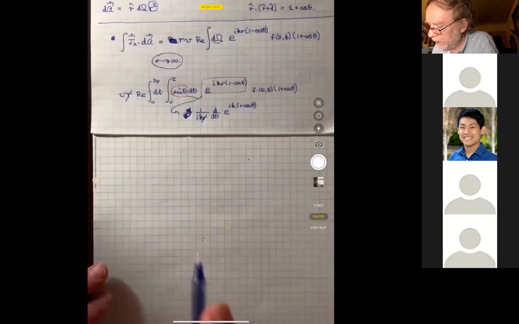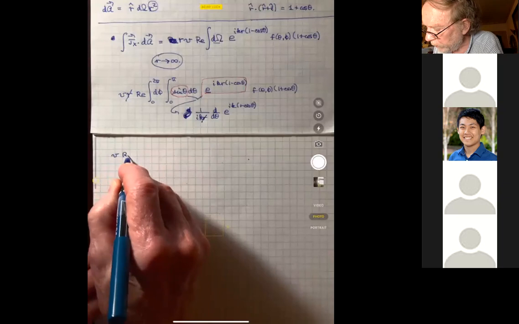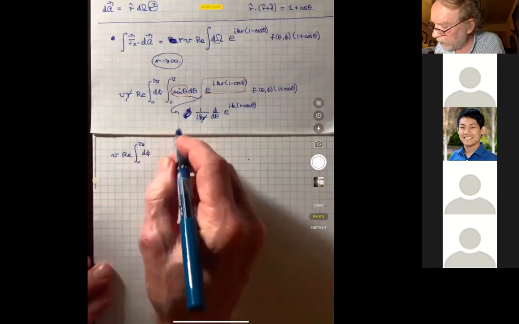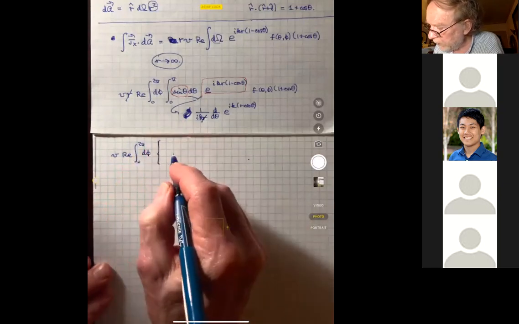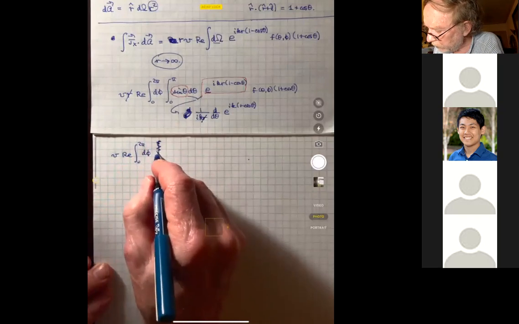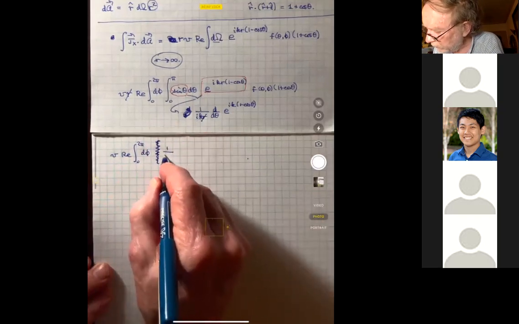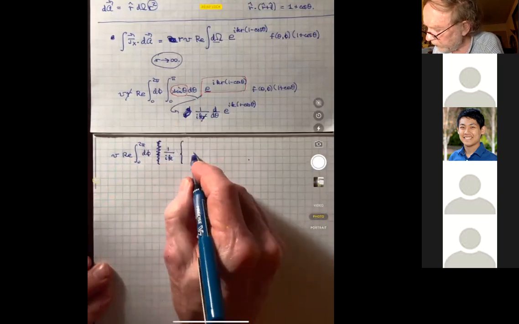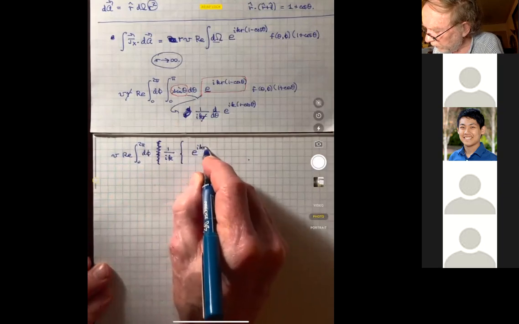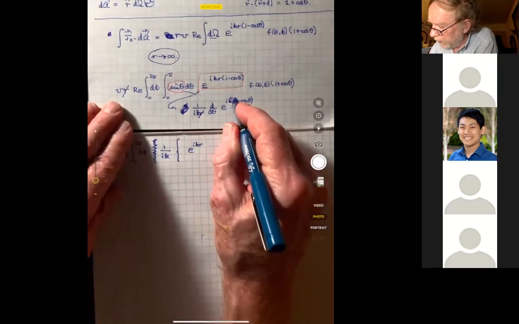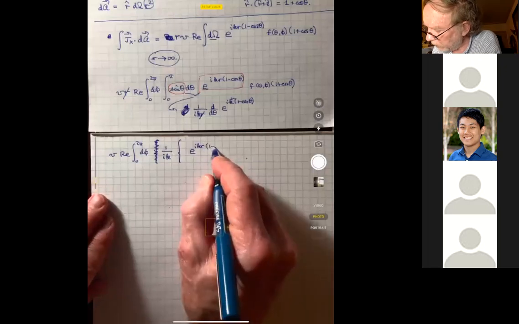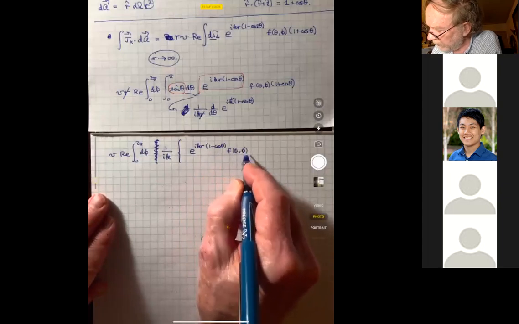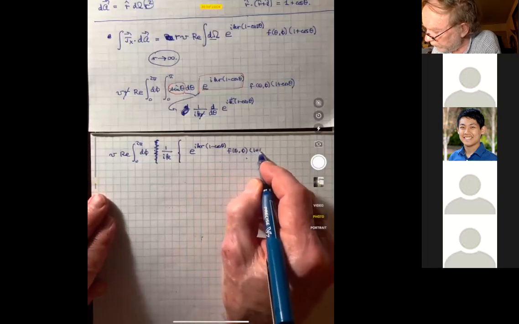So let's do that. So what we get then is the velocity times the real part of the integral from 0 to 2 pi d phi. And then the rest of this is an integration by parts. So we get 1 over, well, let's do it this way. There's a 1 over ik, which I'll take out. That's this denominator here. And then the rest of it has 2 parts. It has e to the ikr, 1 minus cosine theta, times f of theta comma phi, times 1 plus cosine theta.